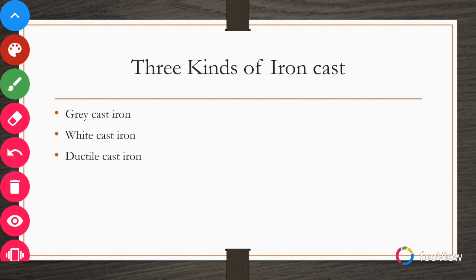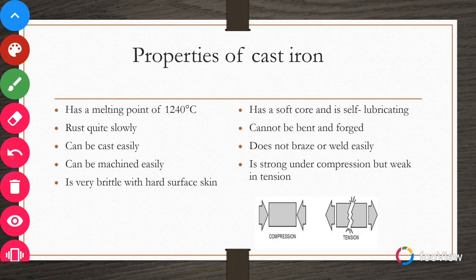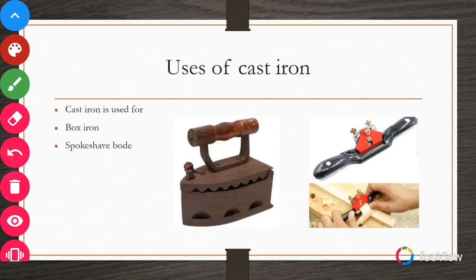We mentioned the gray cast iron, the white cast iron, and then the ductile cast iron. And we said the gray cast iron was the most commonly used cast iron based on its weight. We mentioned properties of cast iron. We have chemical properties here, physical properties, as well as mechanical properties. We went further to talk about the uses of cast iron, as you can see in your shots here.